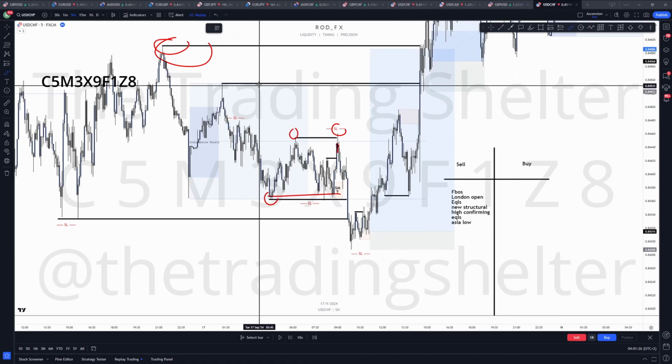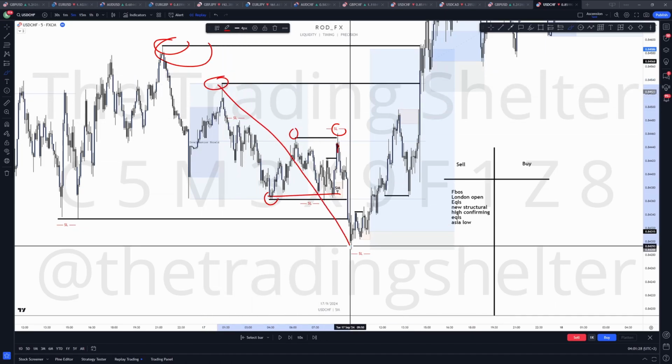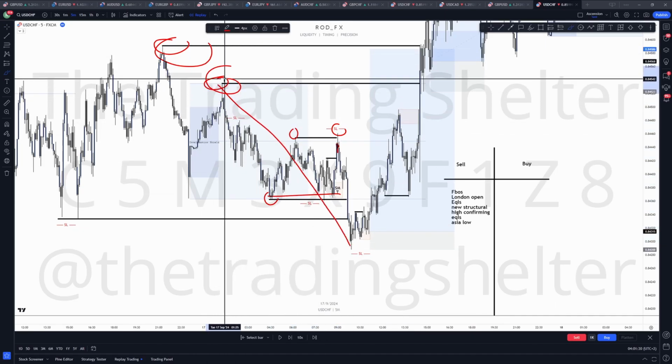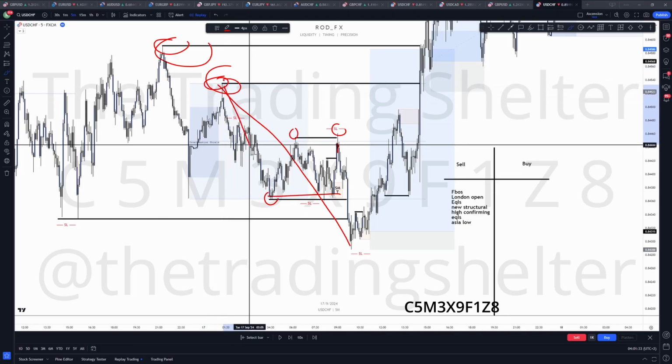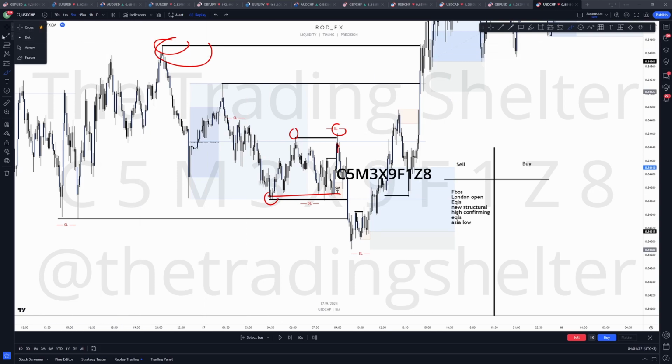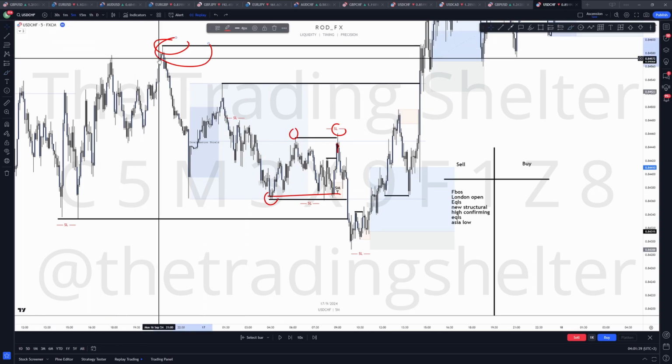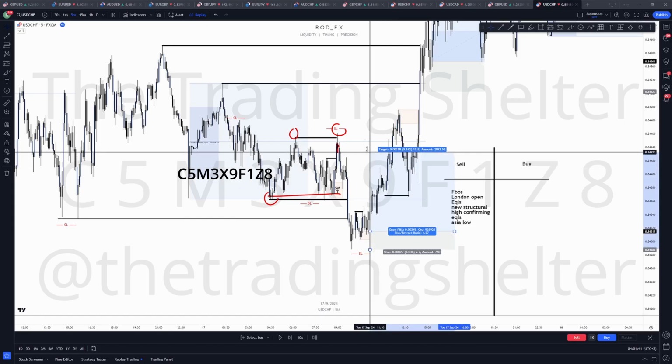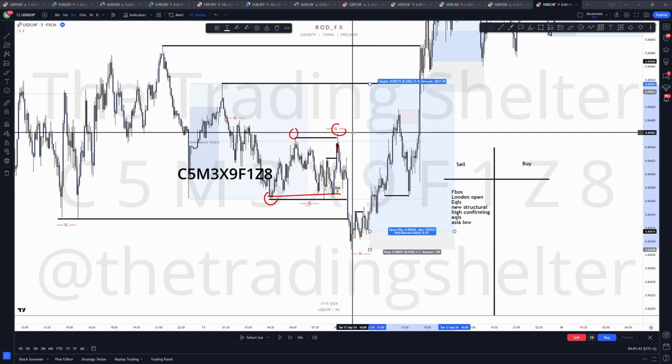Why? Because this point to this low, right? This is Asia high. This is also a valid structural point. So I think that in terms of confirmation and having a proper and most probable DP, Asia high would be good, right?